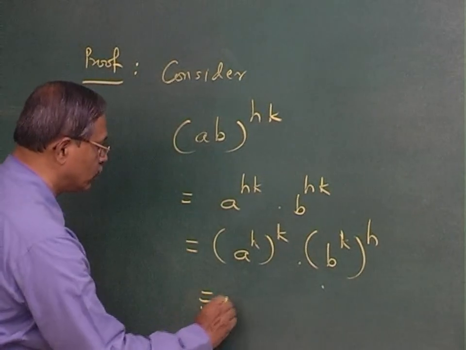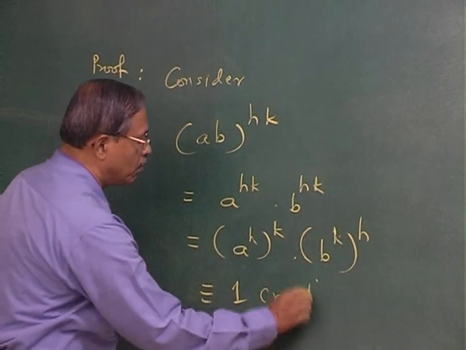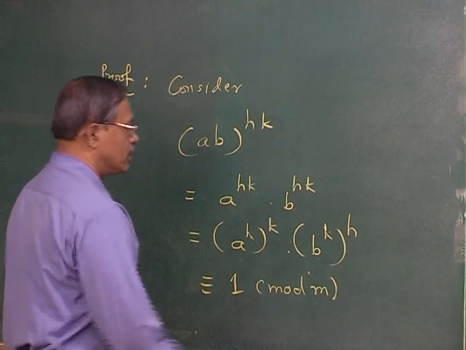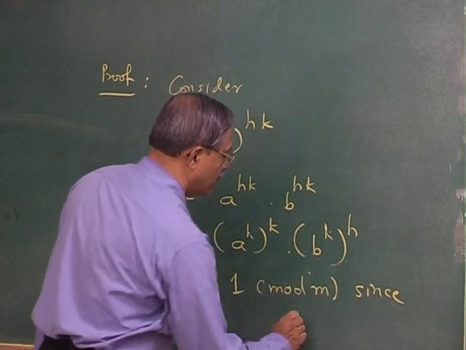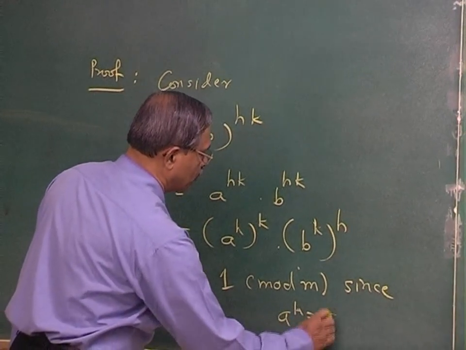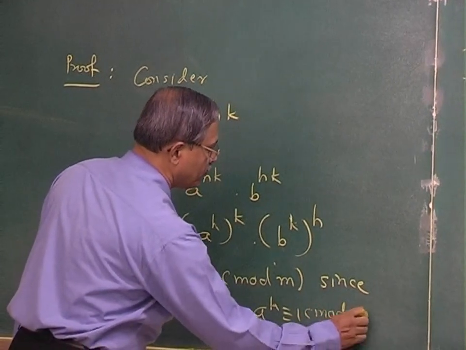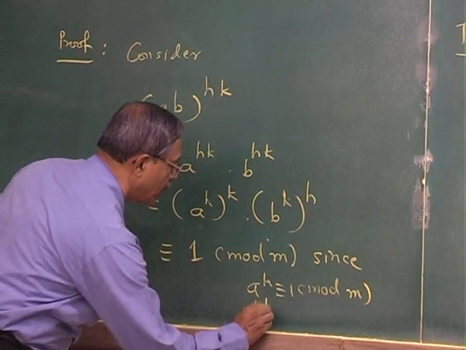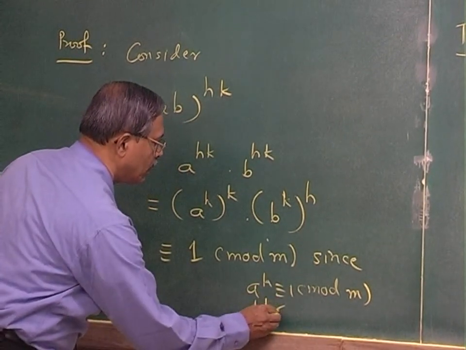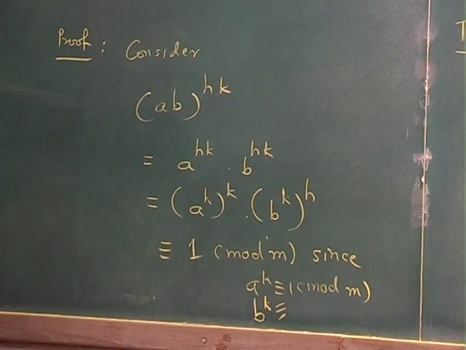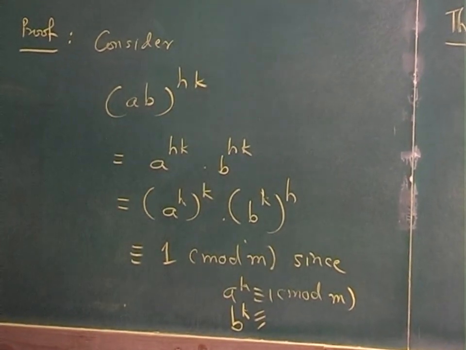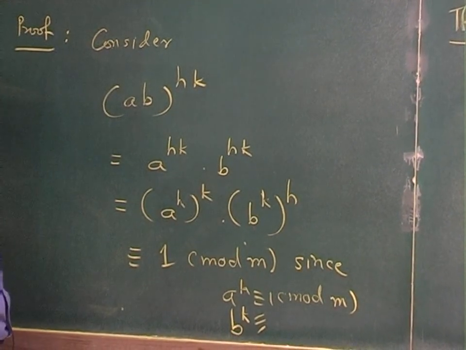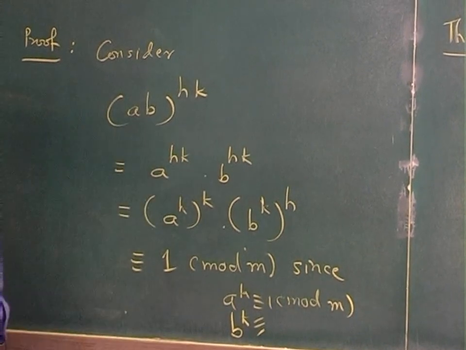So this is congruent to 1 mod M. That means the order of AB divides HK.